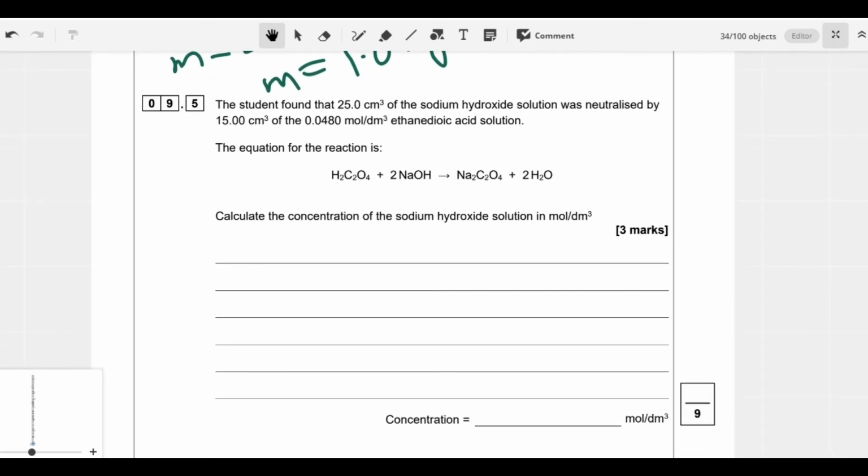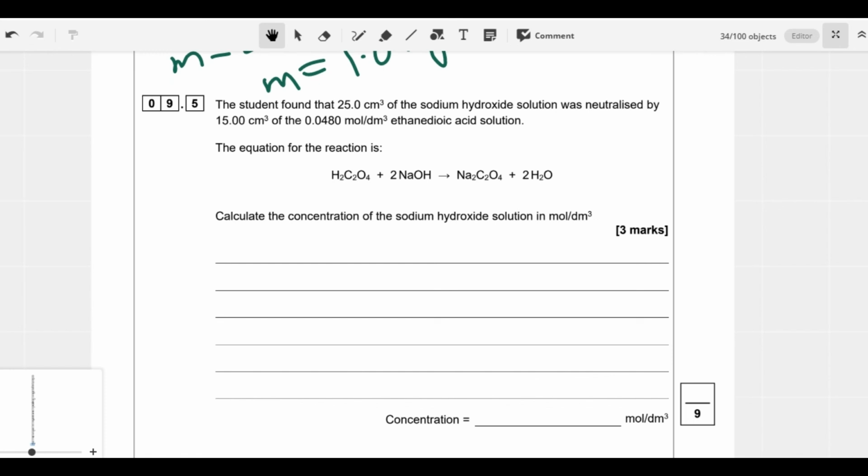And here is the last question of this paper: the student found that 25 centimeter cubed of sodium hydroxide solution was neutralized by 15 centimeter cubed of 0.0480 moles per decimeter cubed of ethanedioic acid solution. The equation is given. Calculate the concentration of the sodium hydroxide solution in moles per decimeter cubed.